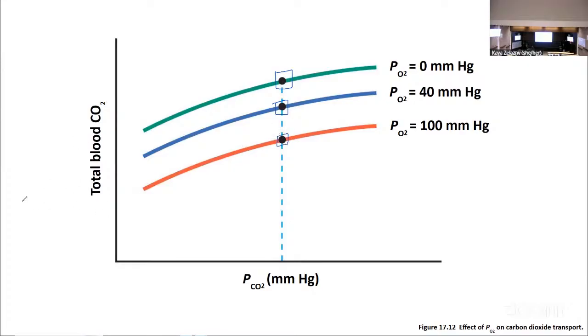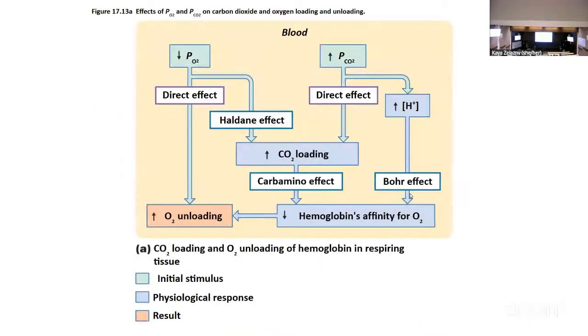Right? But in both of these effects, while they have different names, essentially more oxygen, less carbon dioxide, more carbon dioxide, less oxygen, right? They're affecting each other, which is a little bit what we're looking at here, right?